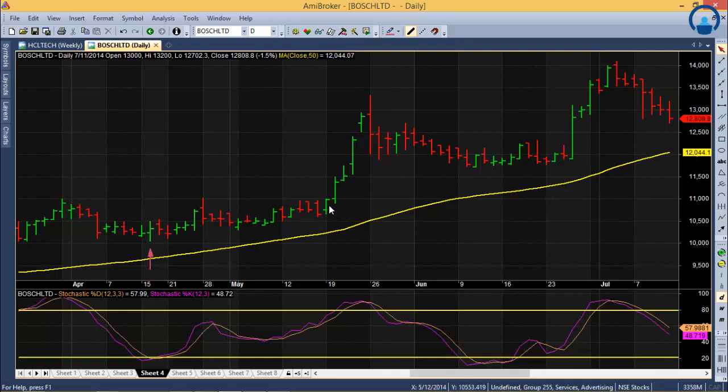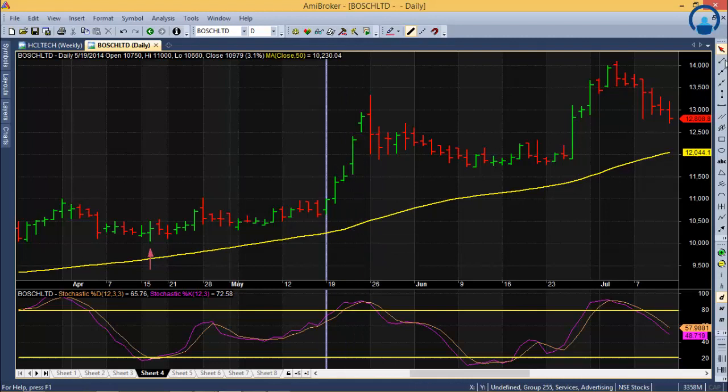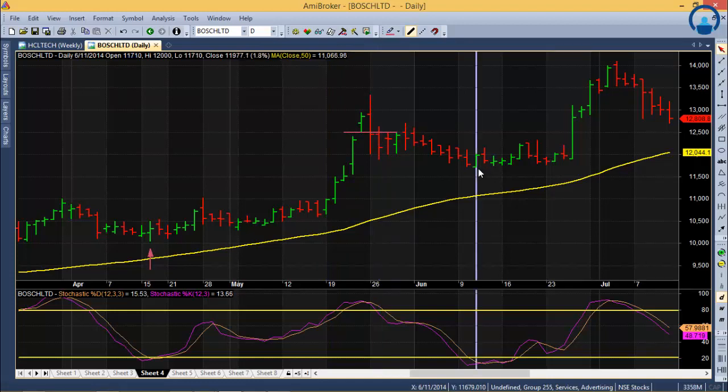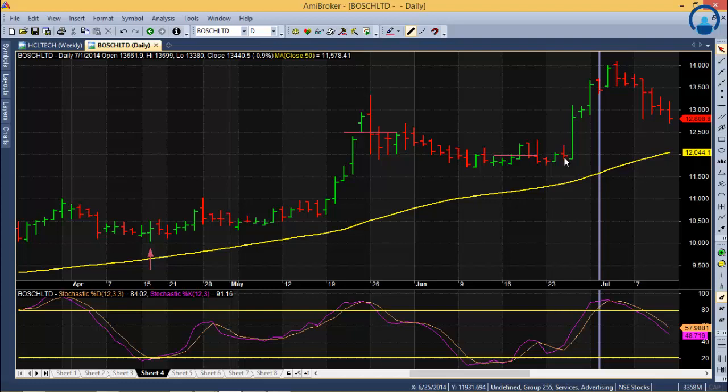So we buy it here, and once stochastic reaches the overbought zone, we trail our stop loss strictly and we move out here. Again, stochastic reaches the oversold zone and triggers a buy signal at this price, and when it reaches the overbought zone, we trail our stop loss strictly and we are stopped out here.